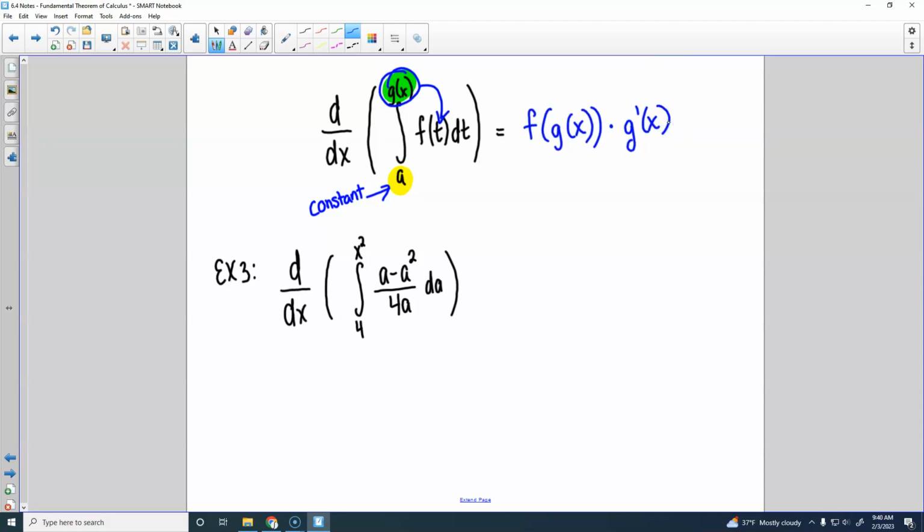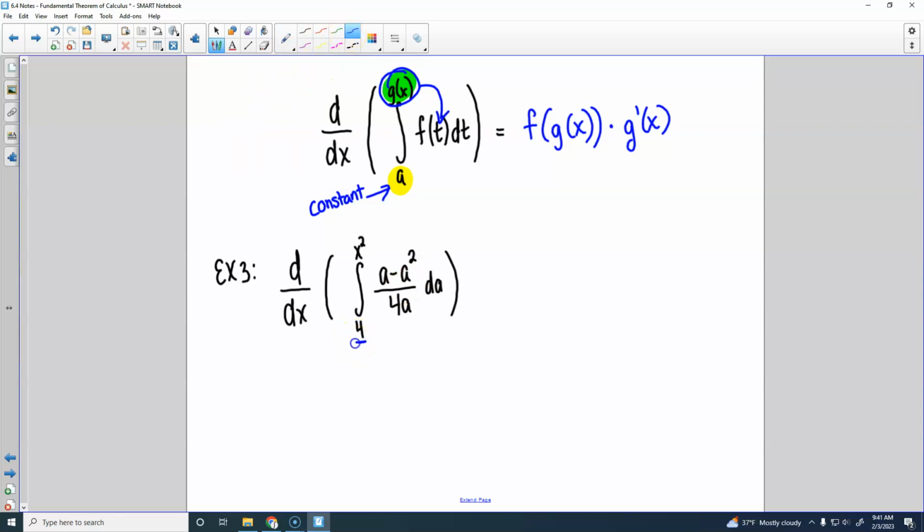It's like a chain rule here because the derivative rules take out the integral and give you the function. But because you're taking the derivative of something, it's basically like a chain rule, so you have to multiply by that derivative of whatever g is. Okay? So let's see what this will look like here.